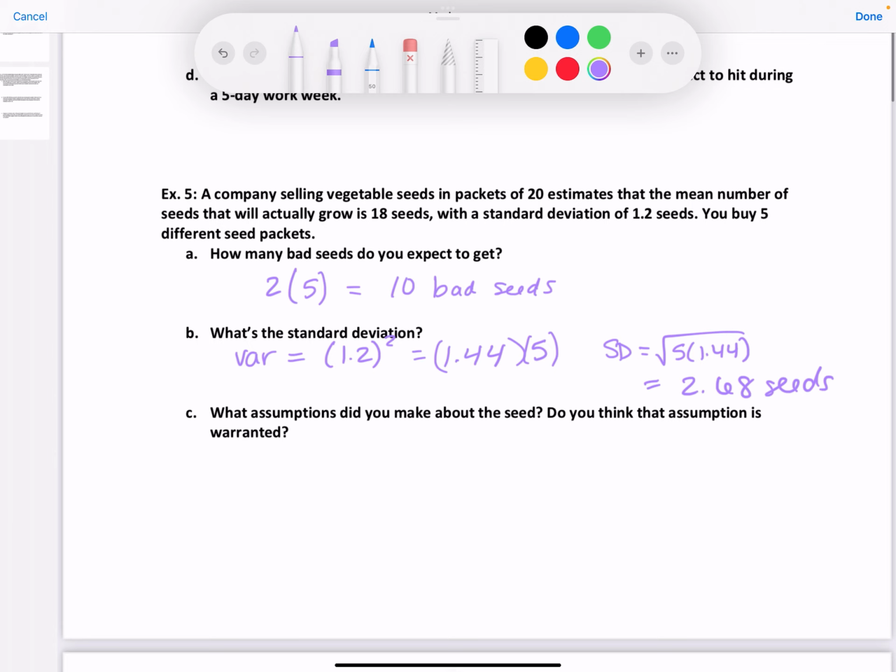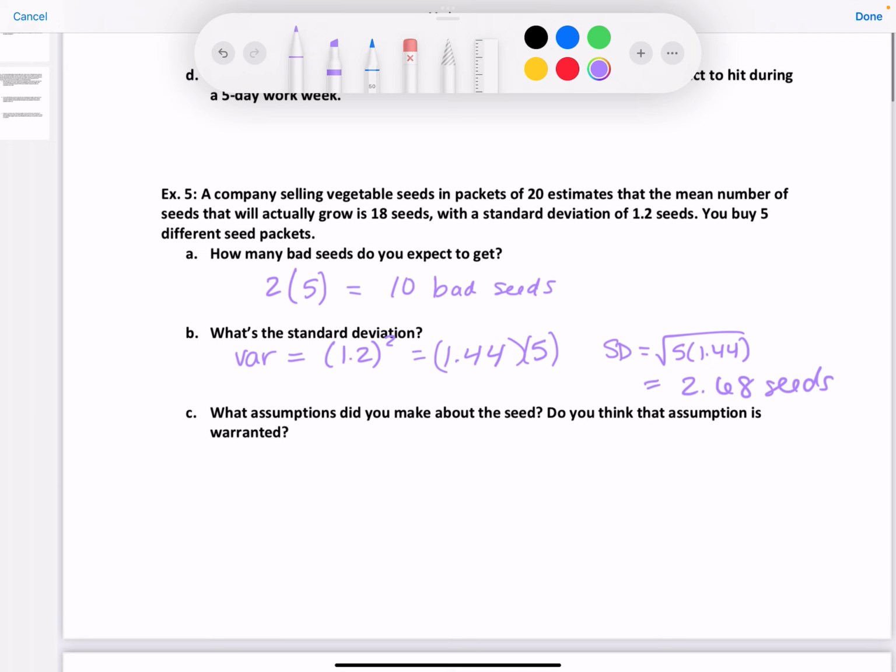So then what assumptions did you make about the seeds? Do you think that assumption is warranted? Warranted? Like, is it legit? Is that a good assumption to make, basically?